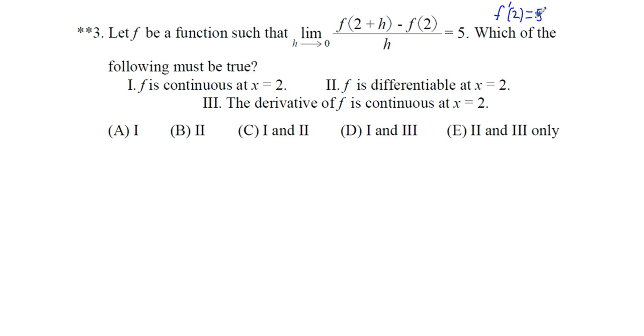That is what this is saying. And to have an f prime of 2, you need to have first continuity by definition, and you need to have differentiability by definition, because there's no way this could exist if you didn't have a differentiable function.